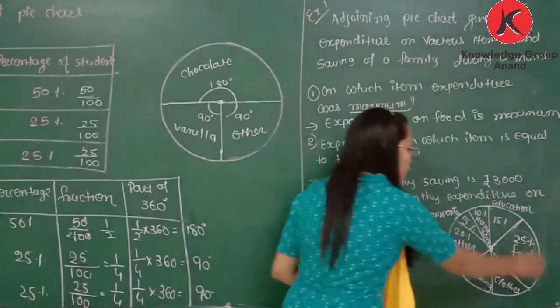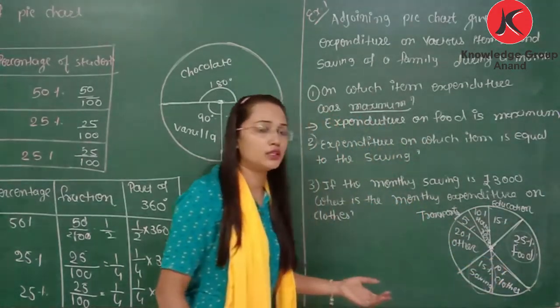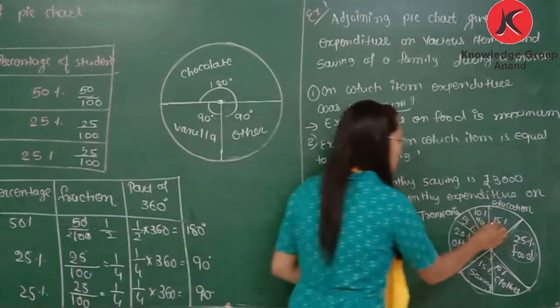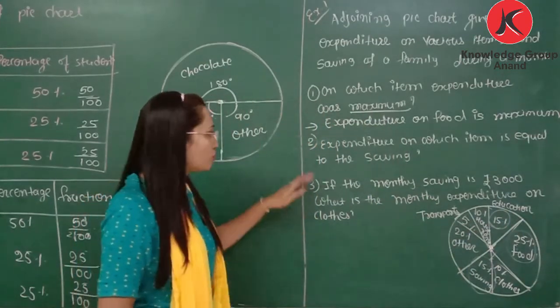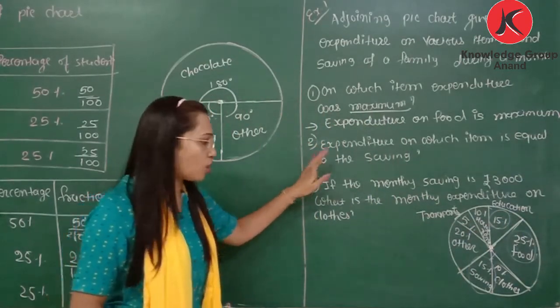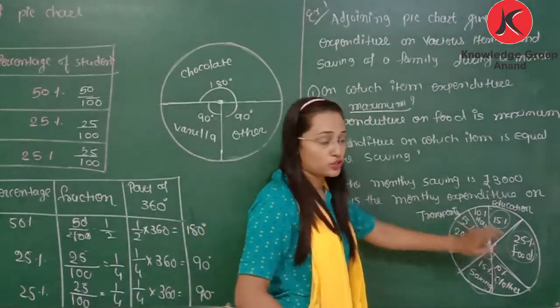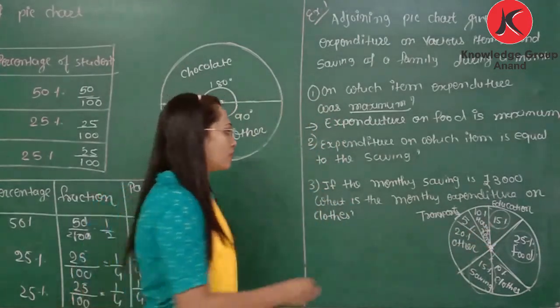Now next, expense on which item is equal to the same. Now in the graph you can see that saving is 15%. On which other item is the expense the same as 15%? So here education is also 15%. So you can write expense on saving is same as the expense on education, and expense on education is same as the expense on saving.